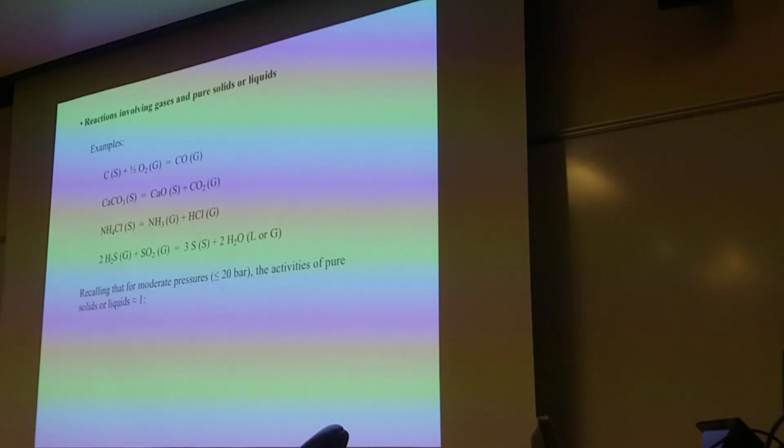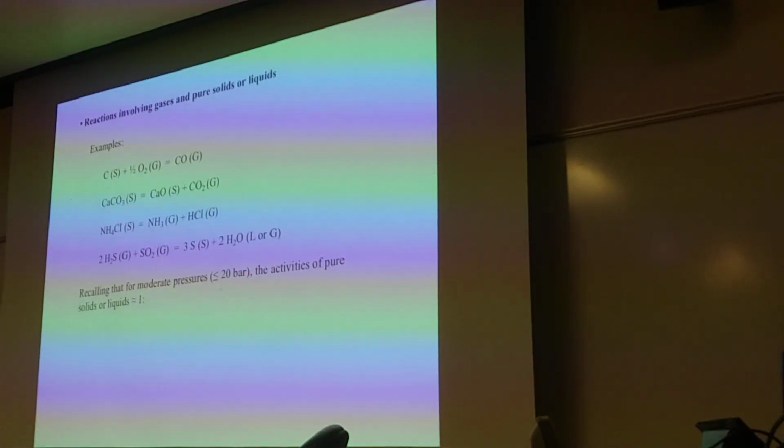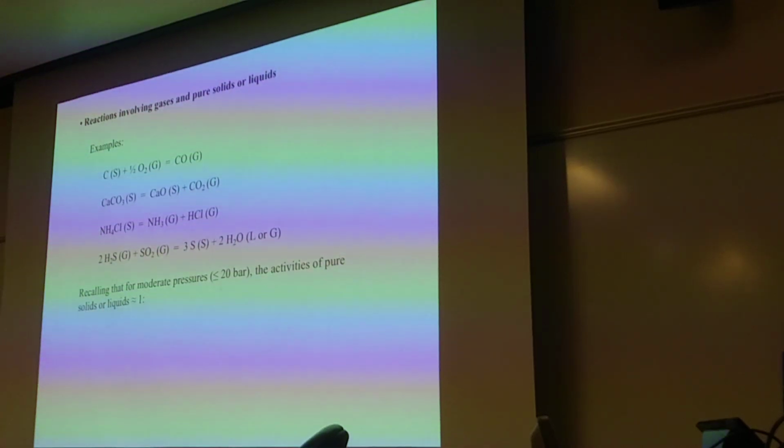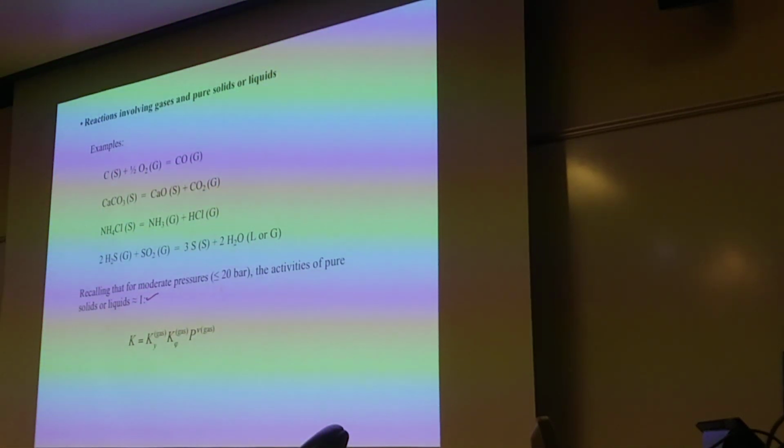Here's the important thing, recalling that for moderate pressures, that is things under about 20 bars, the activities of pure solids or liquids can be just taken as equal to 1. And if we assume that's going to be the case, then K can be decomposed considering only the gas phase components. So we've got K_y, so I've got reactants and products that are gases, and that's all that's involved here.